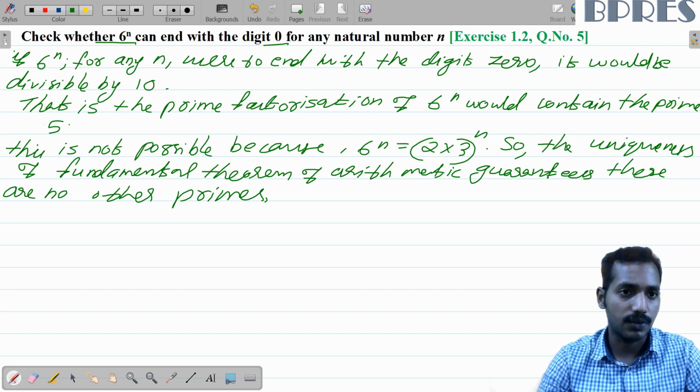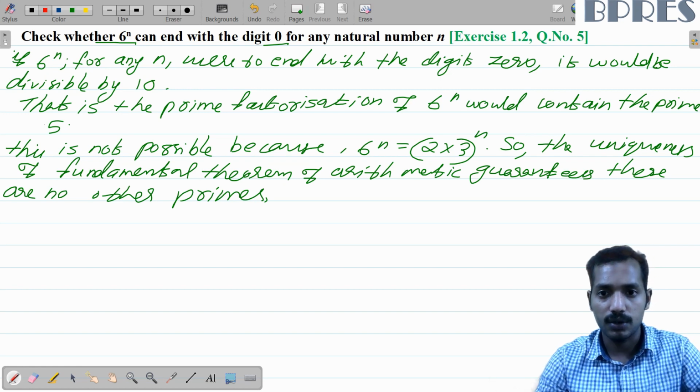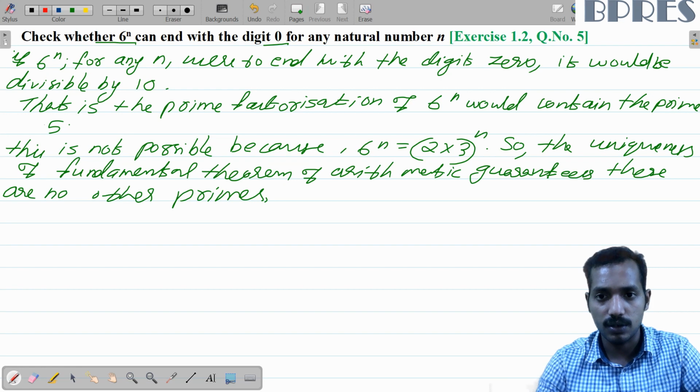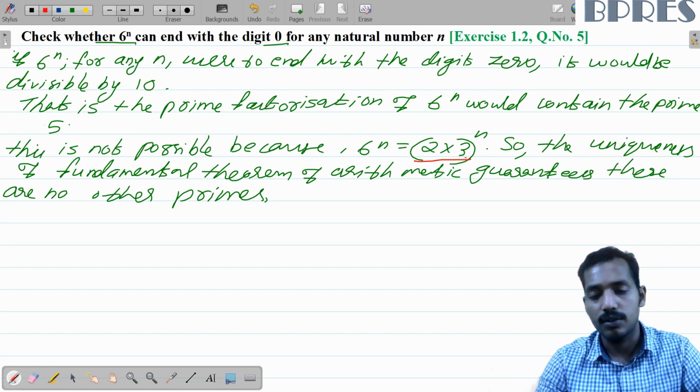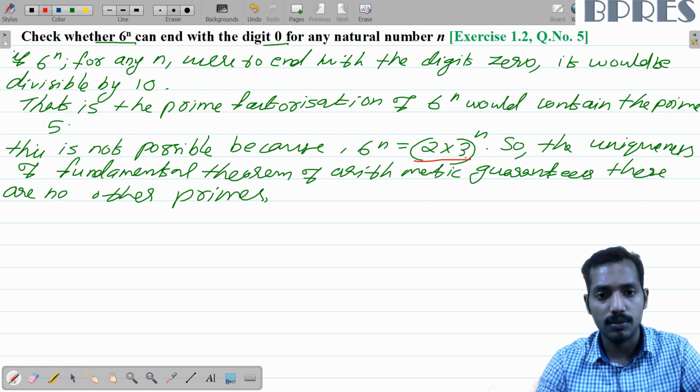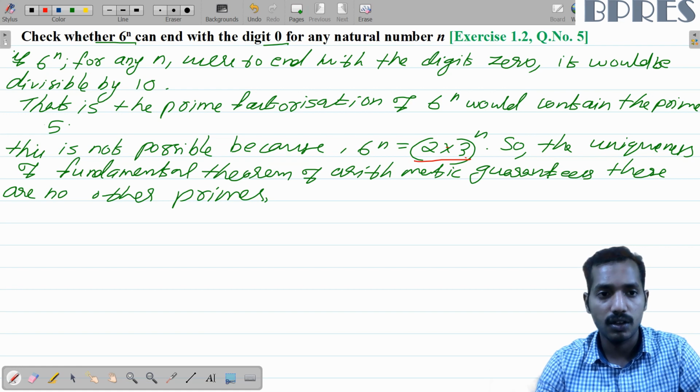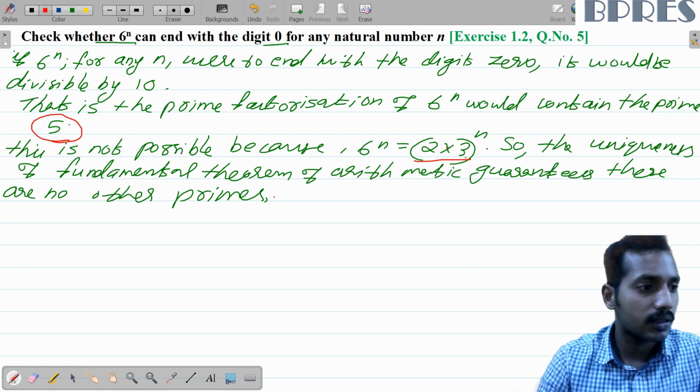That is a very important thing we have to remember, because according to the prime factorization of 6, we get 2 and 3. And by the fundamental theorem of arithmetic, the factorization of a number is unique. So there is no possibility of the prime 5 appearing in the prime factorization of 6 raised to n.